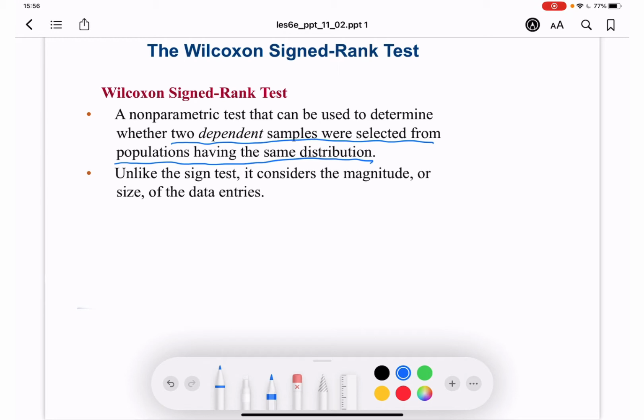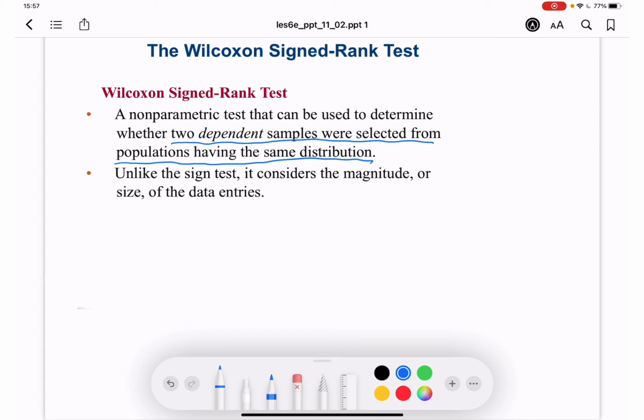So we have two dependent samples. To remind you what can be dependent: some sample before intervention and after intervention, right? So they are dependent, obviously, and we are going to decide based on the Wilcoxon signed rank test if these dependent samples were selected from populations having the same distribution.